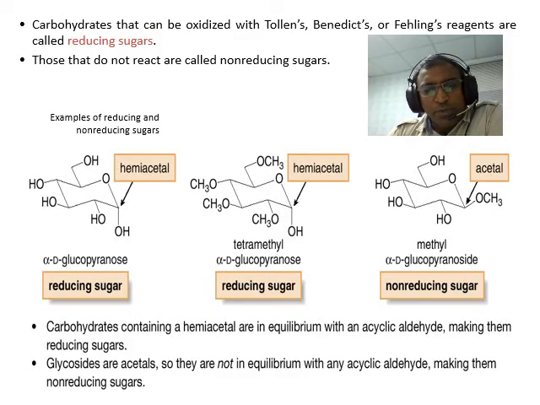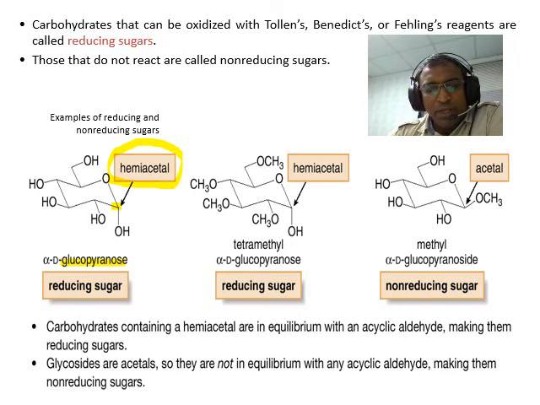So you have to realize that the possibility of being a reducing sugar only comes about if there is a hemiacetal. So this glucopyranose is a reducing sugar because this carbon, which is the anomeric carbon, can mutarotate to be a carbonyl group and therefore react as a reducing sugar.